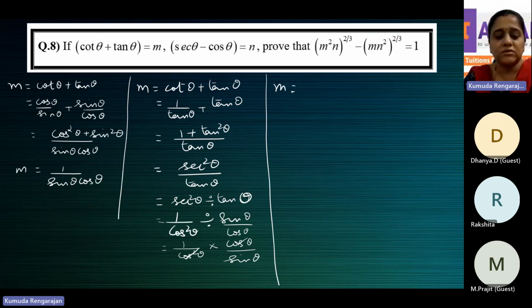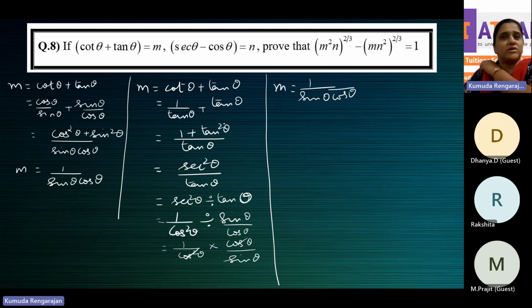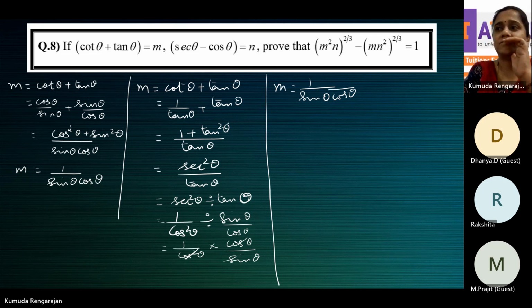M is equal to 1 by sine theta cos theta. Anyways, you'll get this result. You can change cot and tan to sine and cos, or you can have cot theta as it is and change tan theta to 1 by cot. Then you will get 1 plus cot square theta, which you will write as cosecant square theta.